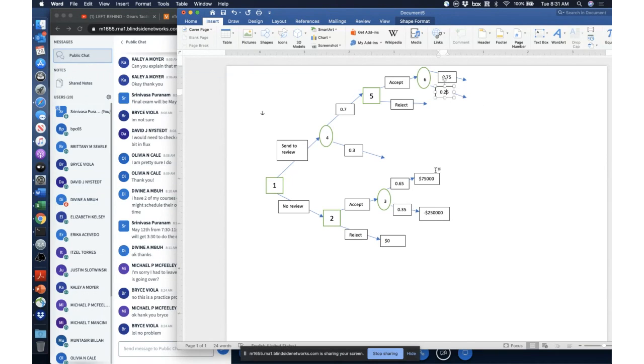The payoffs are the same. 750, oops, 750. I think I know what the problem is.